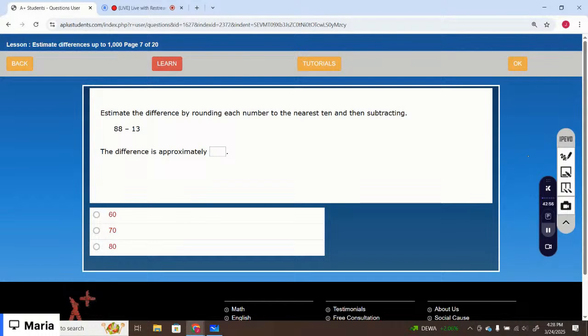Option number 3 is the correct option. That is 80, because 88 is rounded to 90.